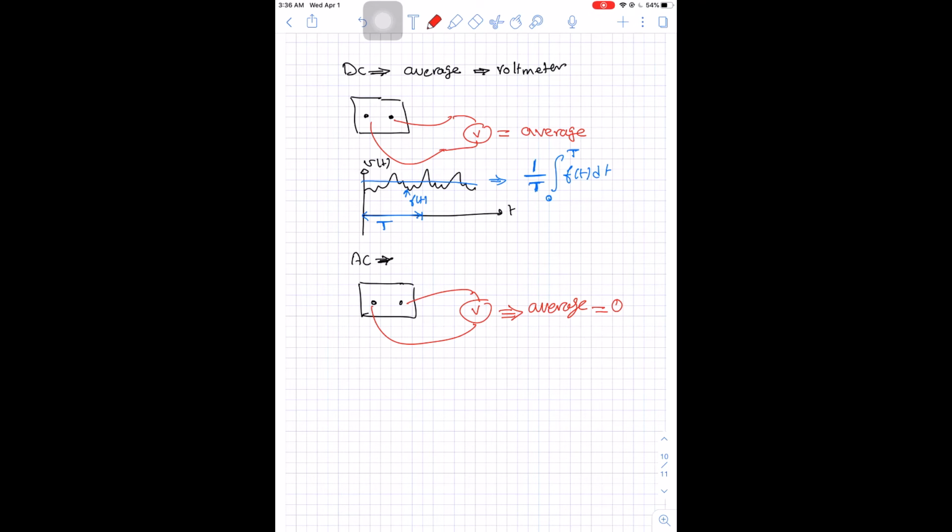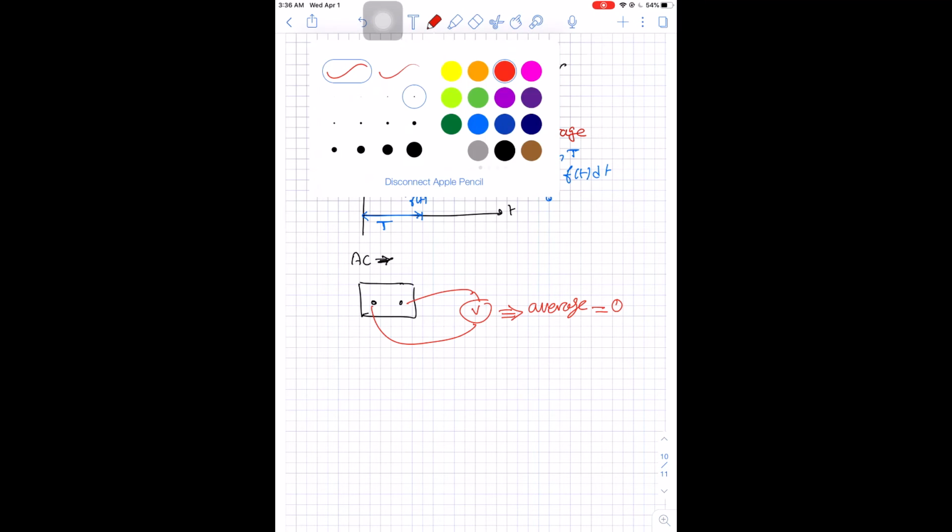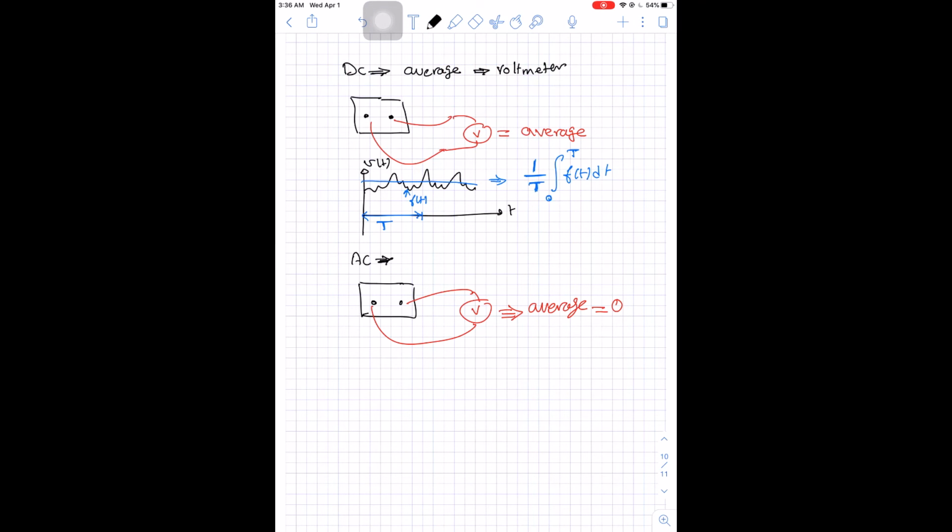So if you connect a voltmeter that measures the DC or average value on an AC source, it will give you 0. Usually you will find a DC symbol on the voltmeter. This DC symbol means it measures the average. So measuring the average for AC has no meaning because the average of any AC is actually 0.